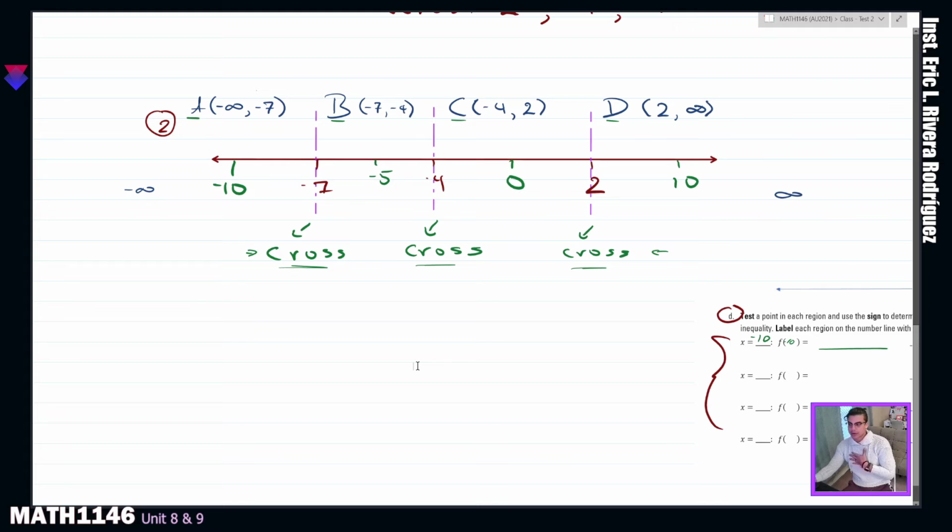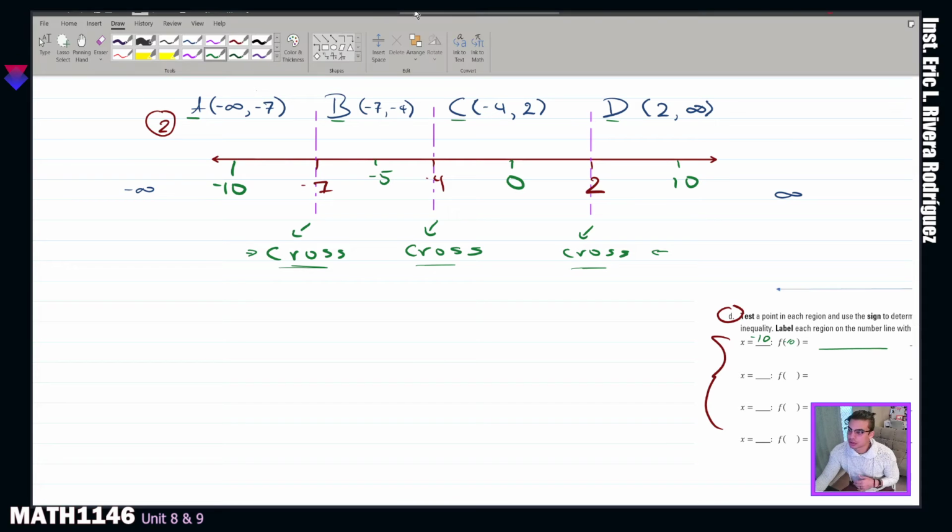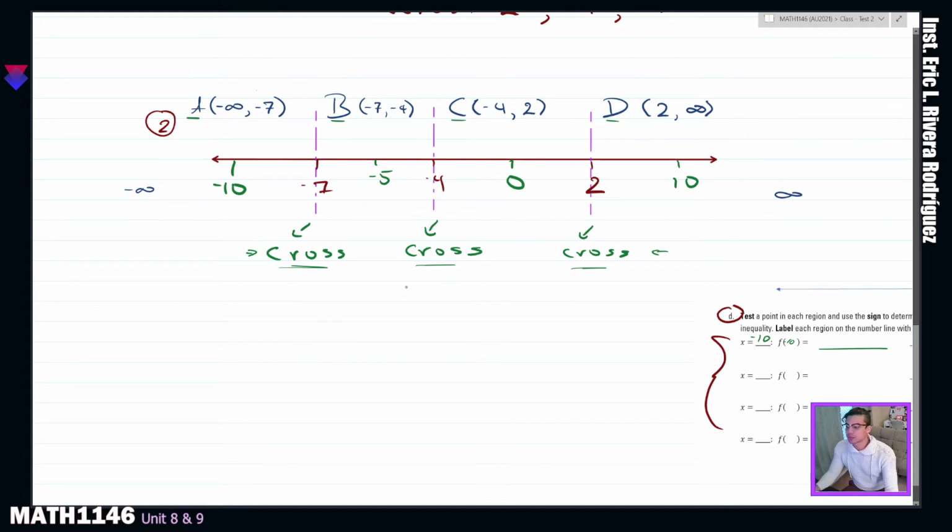Now, what I'm going to do here is show you how you can take advantage of what you know so far. I prefer to work with 0 rather than -5, -10, or +10. So the region that I'm going to test first is region C. So x equals 0.